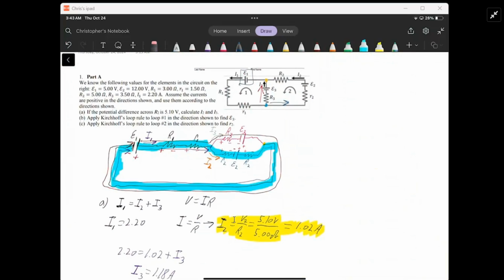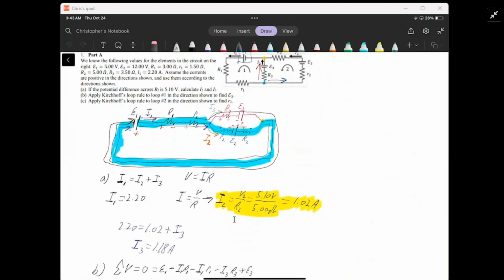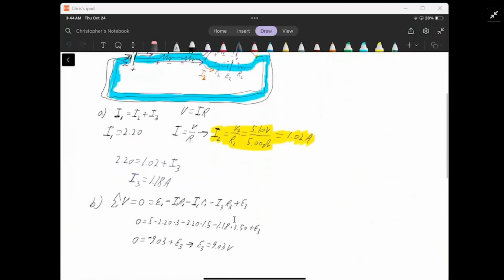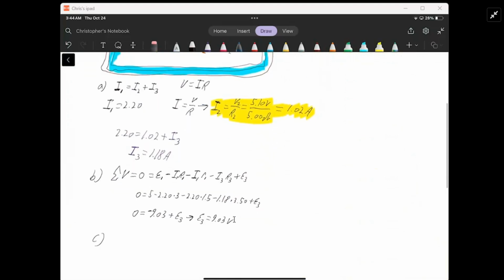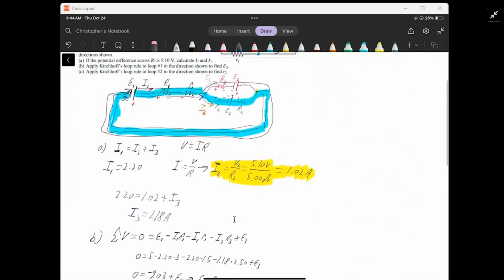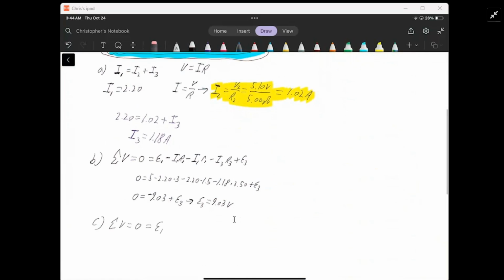It's like this, right? So let's start from there. We know that the sum of the voltages is equal to 0. We're starting with E1, just like part B. So E1 minus I1 multiplied by capital R1 minus I1 multiplied by lowercase r1.